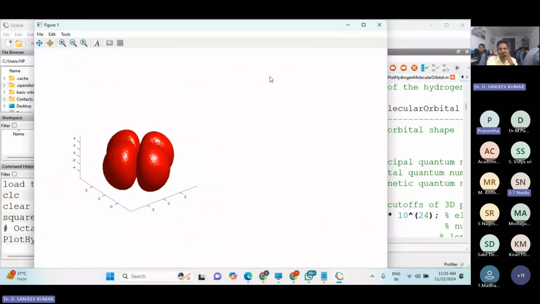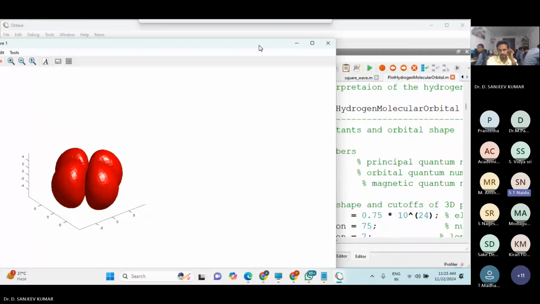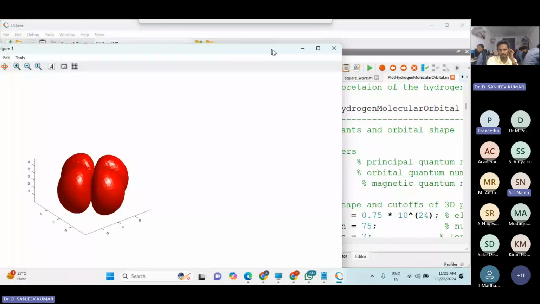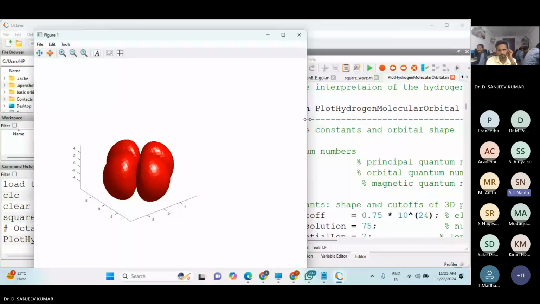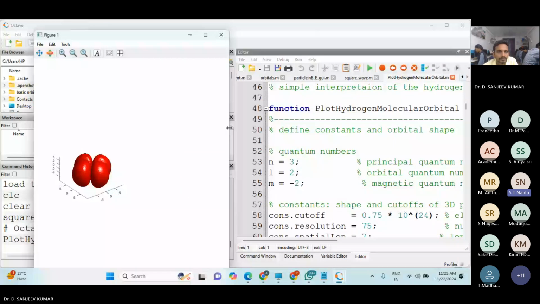So this is a double dumbbell d orbital. So I'll share that file link.